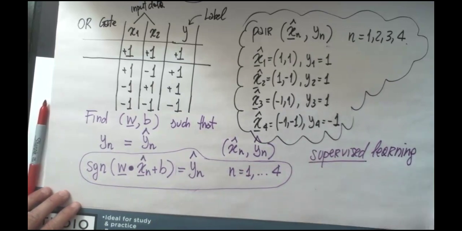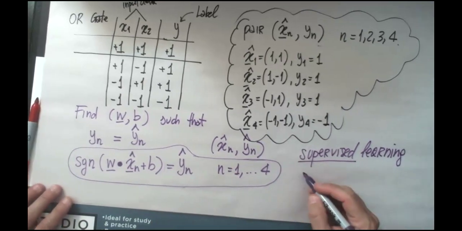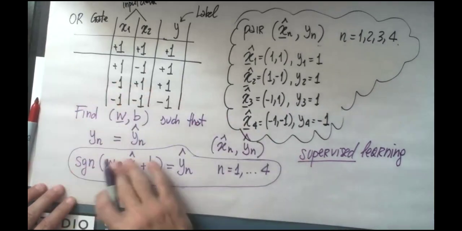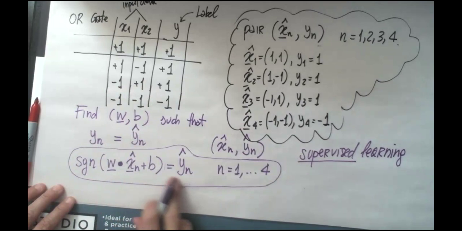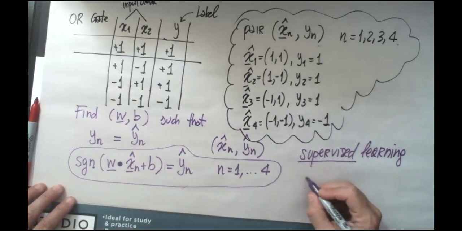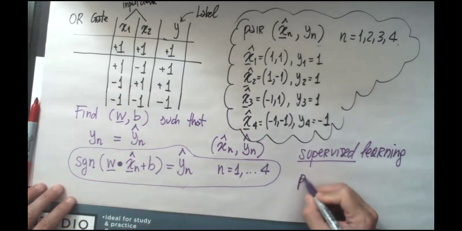And this process of finding the best weights which match the data is also called the perceptron training.